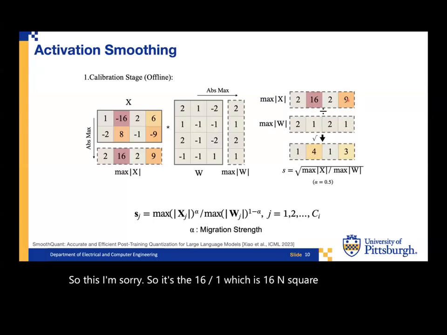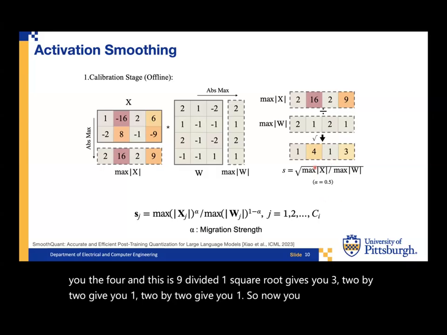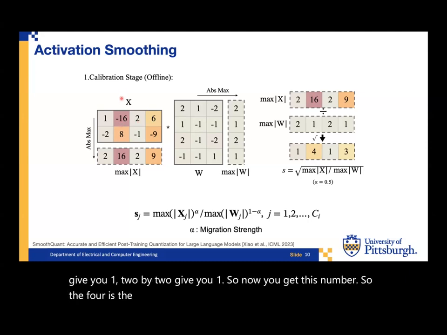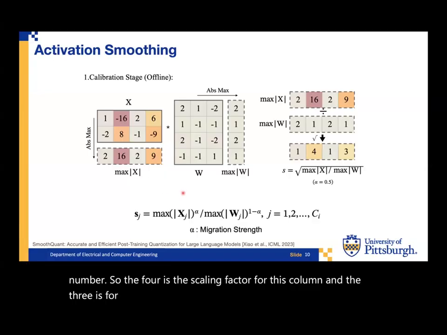And this is 9 divided by 1, the square root gives you 3; 2 by 2 gives you 1, 2 by 2 gives you 1. So now you get these numbers. The 4 is the scaling factor for this column, and the 3 is for this column. So that's how they get the scaling factor.